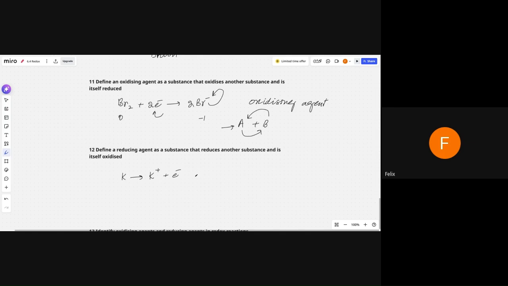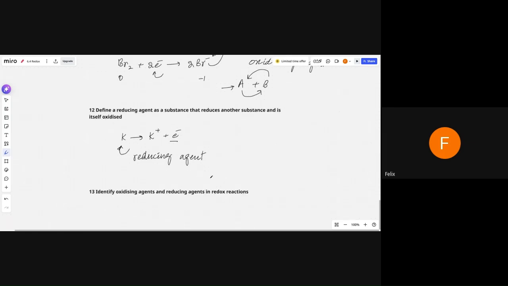By oxidizing itself, potassium helps the other substance gain that electron, which is reduction. So here we can say that potassium is a reducing agent. Why? Because potassium is losing an electron, oxidizing itself so that the other species can gain this electron and reduce itself. So this is how they are connected, and I hope this is clear.